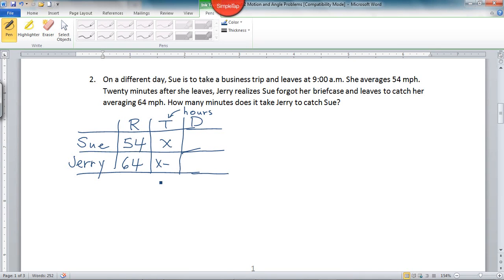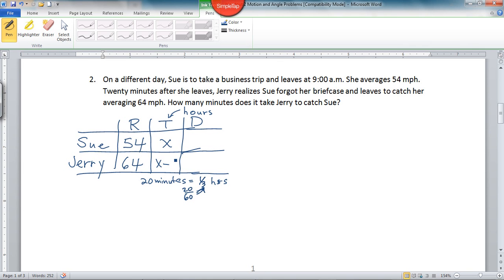Now I want 20 minutes in terms of an hour. So what does 20 minutes equal in hours? Well, if you take the minutes and divide by 60, that gets you 1/3. 1/3 of an hour is what 20 minutes is.